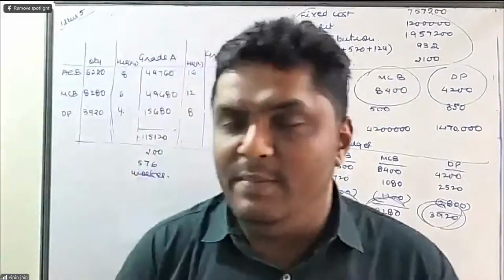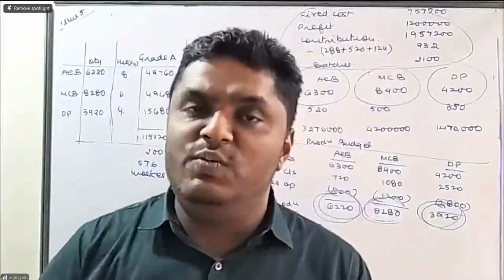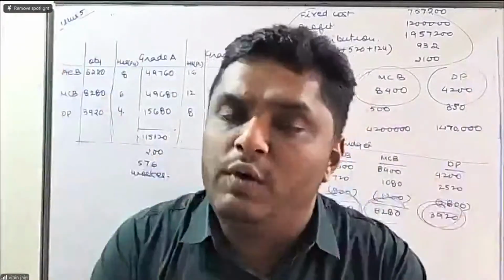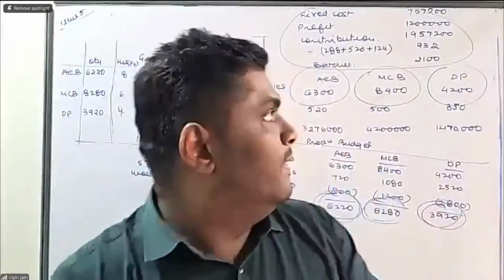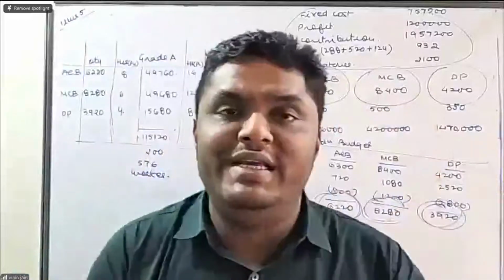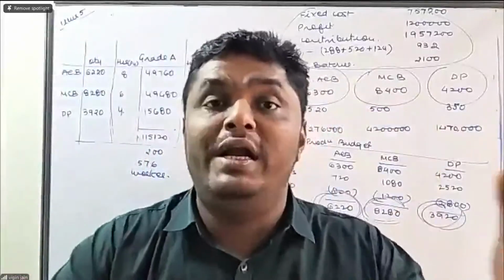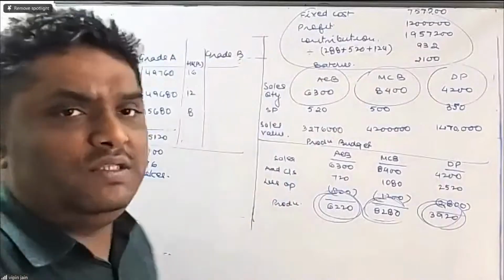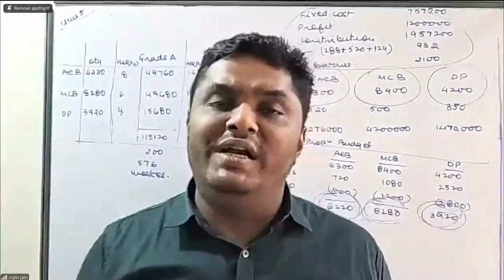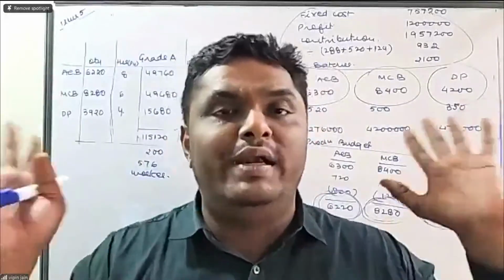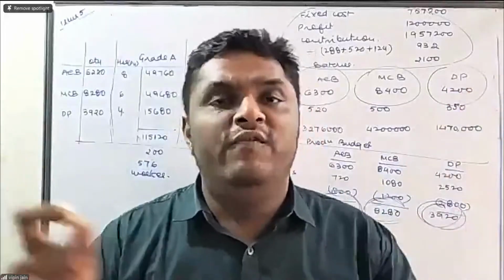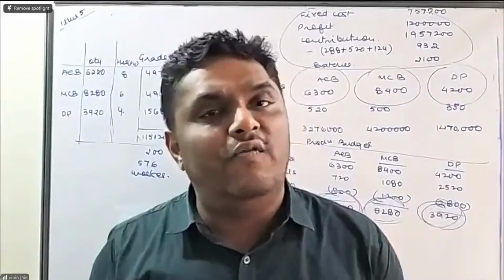So this is the summary of this question. In fact, I have discussed most of the part of the question. First, you have to calculate the sales quantity. Once the sales quantity is calculated, you can easily calculate the production quantity, that is sales plus closing stock less opening stock. Once the production quantity is calculated, we can easily calculate the raw material consumed and the raw material to be purchased with the help of opening and closing stock of raw material.